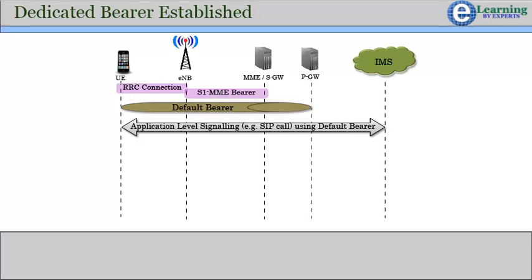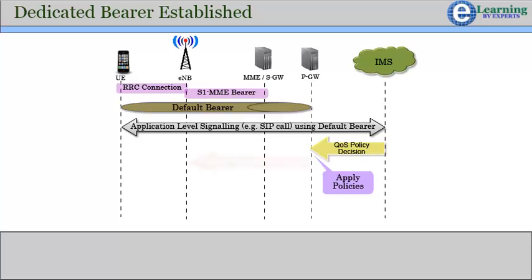This might be the case if the operator has established an IP Multimedia Subsystem, IMS, services network to support features like VoIP or real-time streaming video. A QoS policy decision is sent to the PGW and the PGW will apply the QoS policy to the new dedicated bearer to support the service.